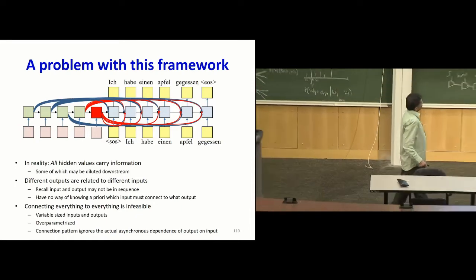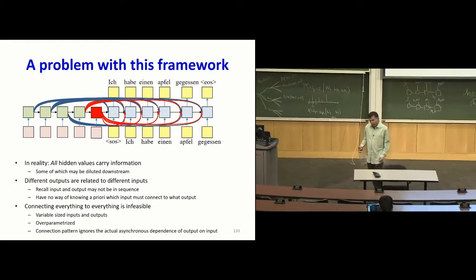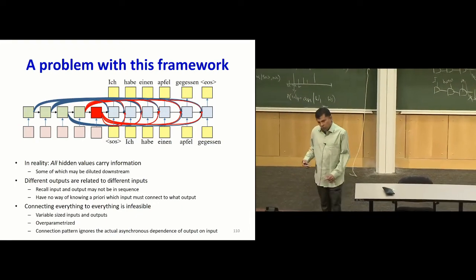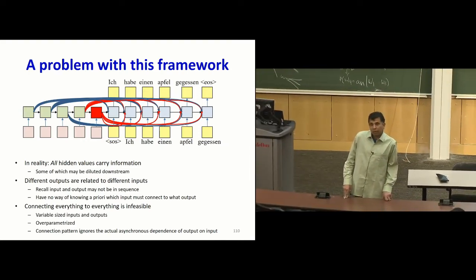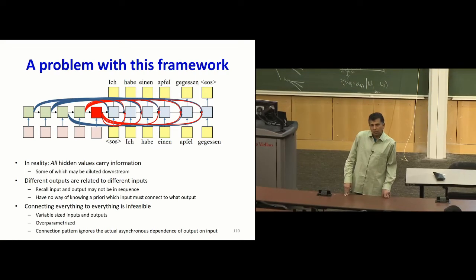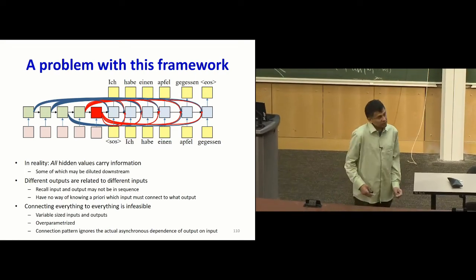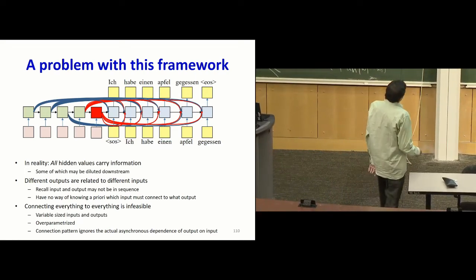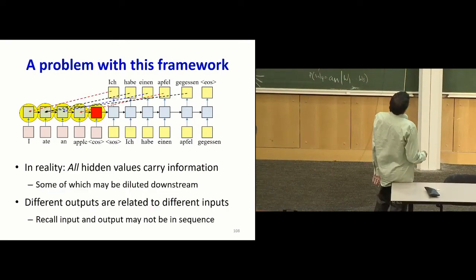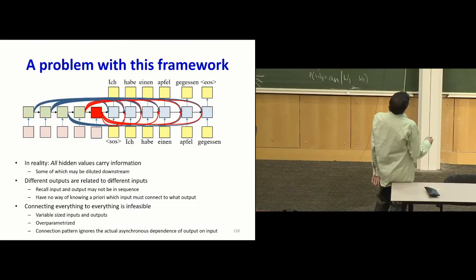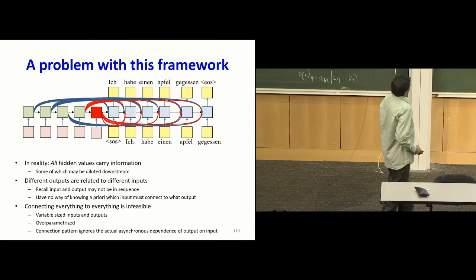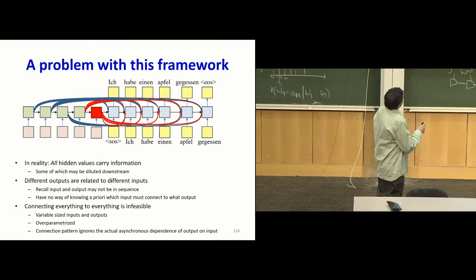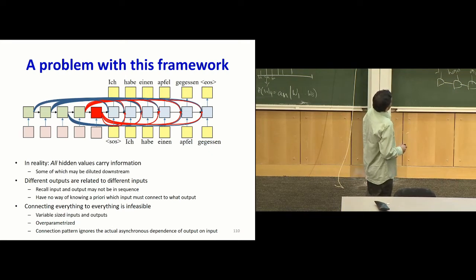Now, one simple way of trying to consider the appropriate portions of the input when producing any single output is to simply have explicit connections, right? But then we really don't have any way of knowing which word connects to which word.